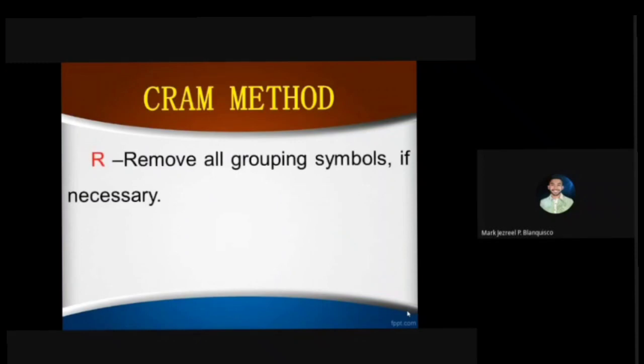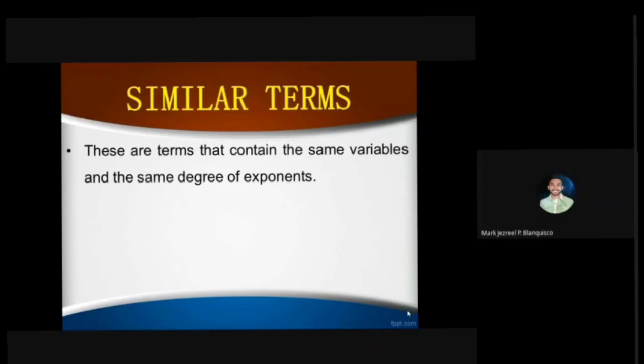Let us have R. Remove all grouping symbols if necessary. For A, add or subtract similar terms. But let us have a quick review on how to add and subtract similar terms. Similar terms are the terms that contain the same variables and the same degree of exponents.